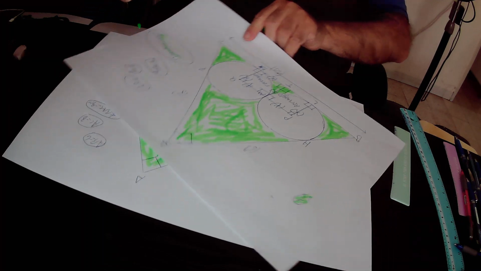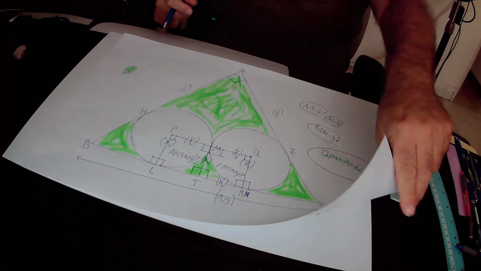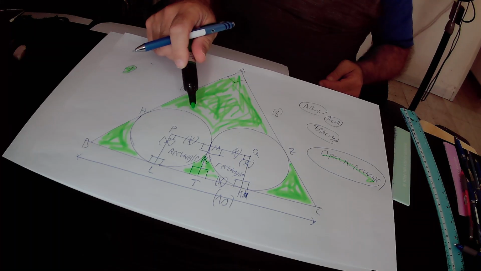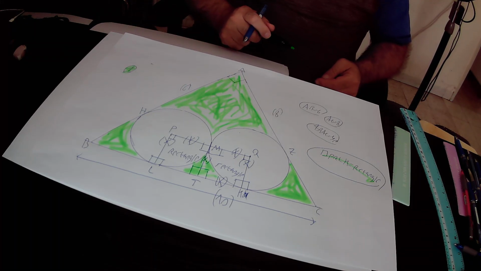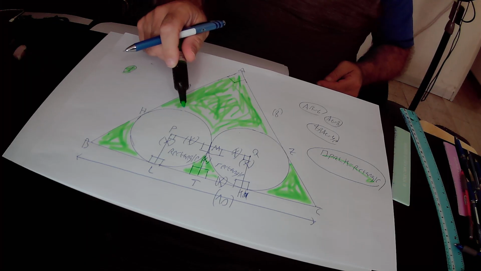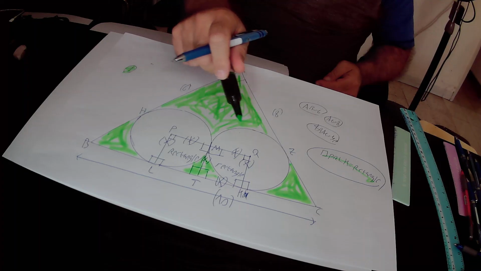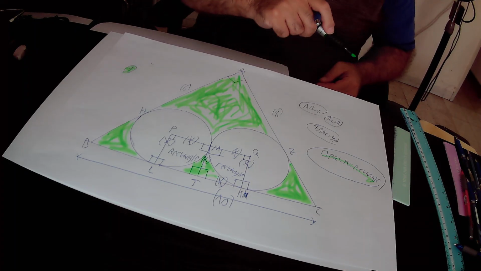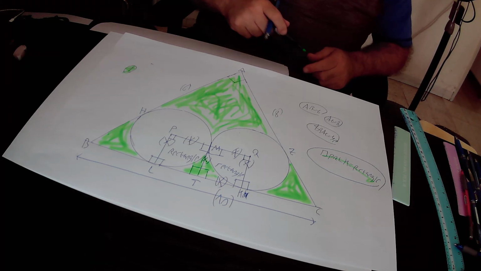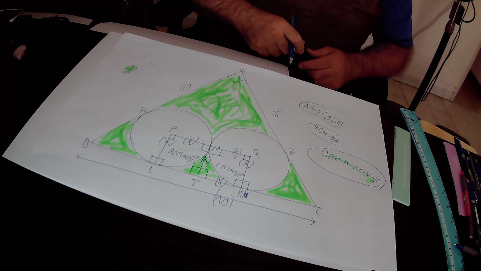According to rule 10, PMQ is one straight line, and therefore PMQ, that is PQ, in total must be equal to x plus x, that is 2x. So PQ equals 2x units according to rule 10.